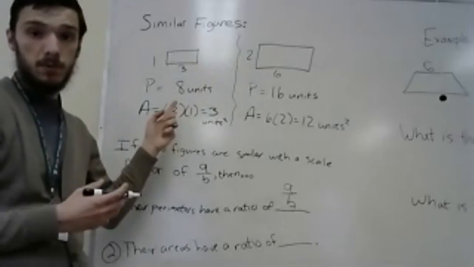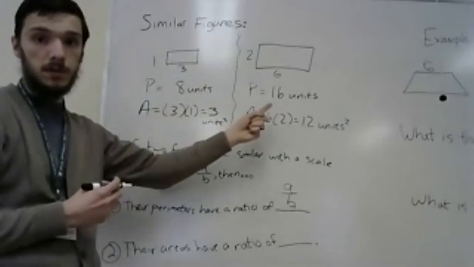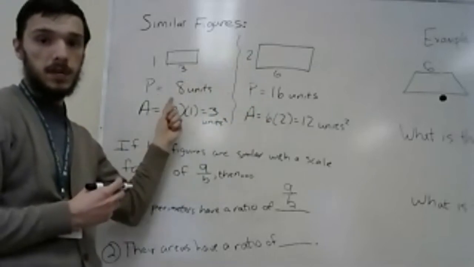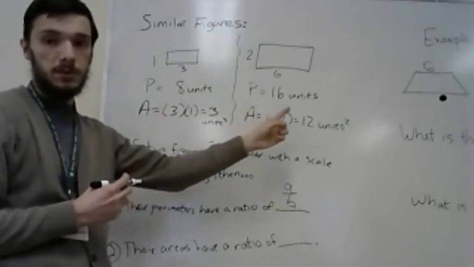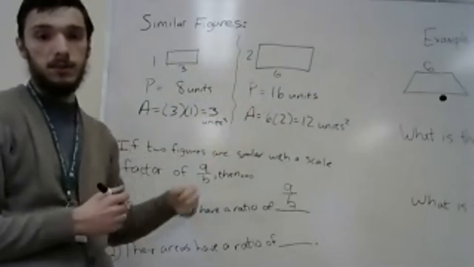The ratio of our perimeters was 1 to 2. We multiplied by 2 to get the perimeter of our larger rectangle.